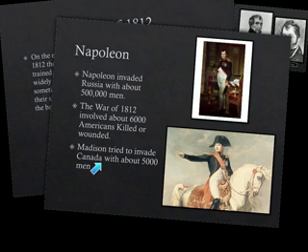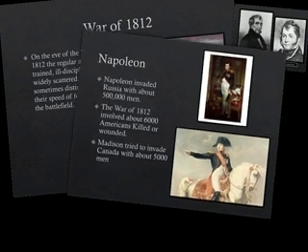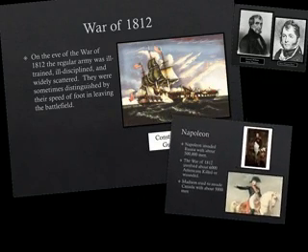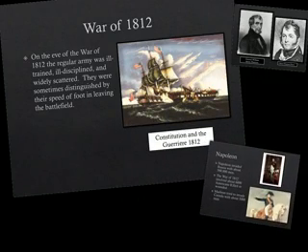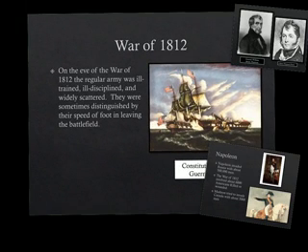James Madison tried to invade Canada with 5,000 men, very inexperienced. Napoleon has an army of 500,000 men. So the British are a little busy with Napoleon, but when this war dies down in Europe, the British start to focus a little bit more on the battles in the United States.